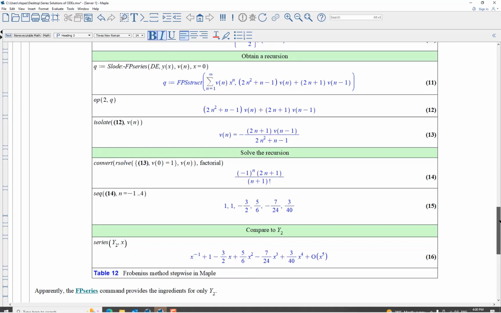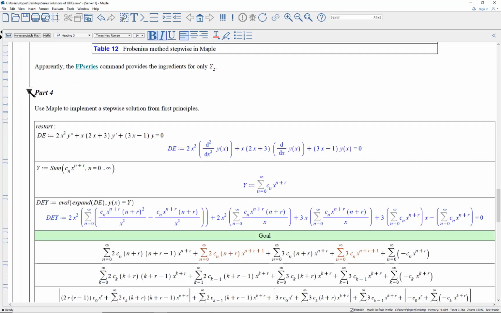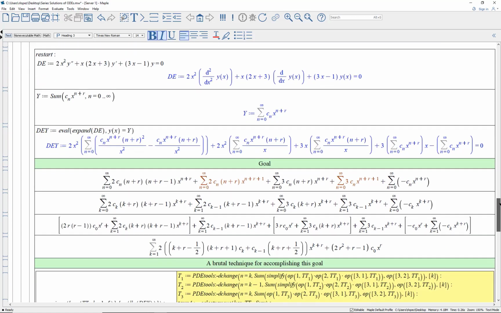So let's try using Maple directly to implement the steps of this Frobenius method. Here's the differential equation. Let's put in for y of x a sum of this form. That's going to then require some manipulations and simplifications.